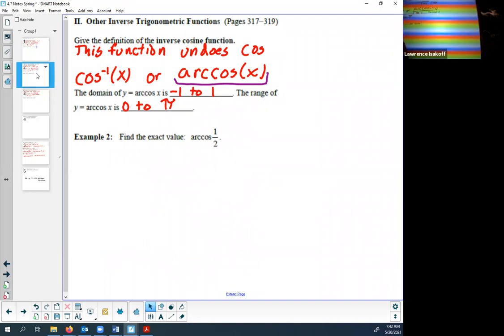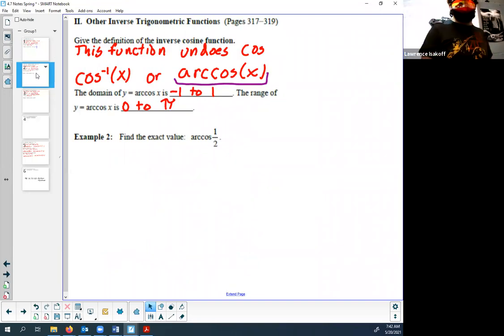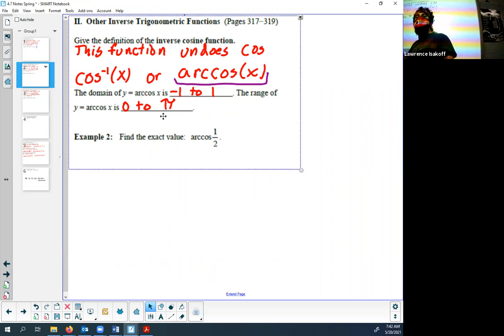So arc cosine, exact same idea. I'm looking for the arc cosine of 1/2. Now, for cosine, the domain is between -1 and +1. However, the range is from 0 to pi. The nice part about arc cosine or inverse cosine is I'm just going to look at the unit circle.